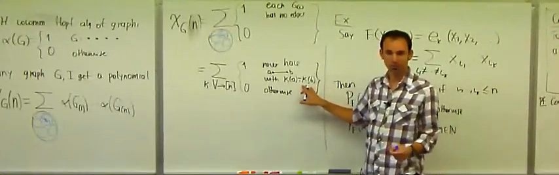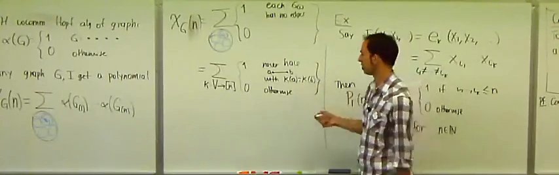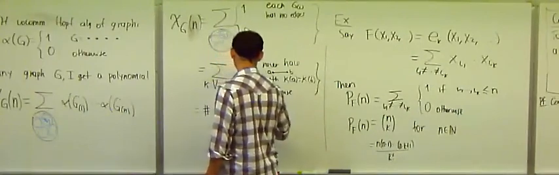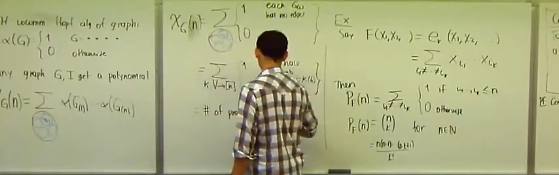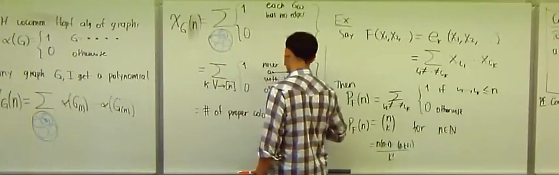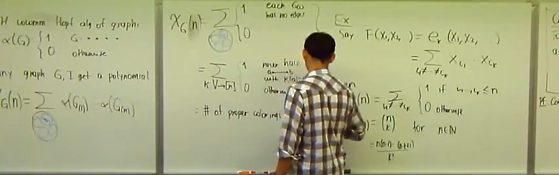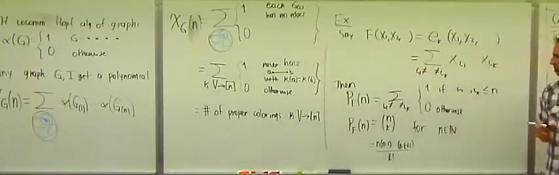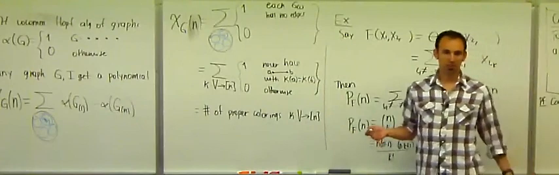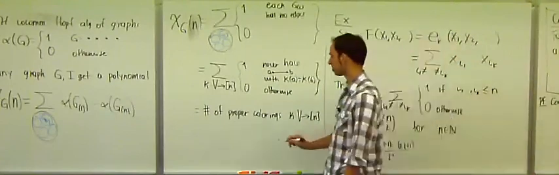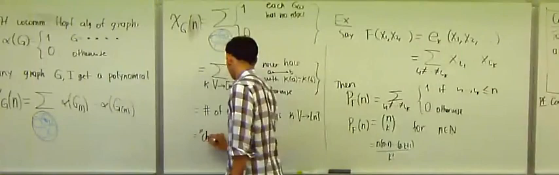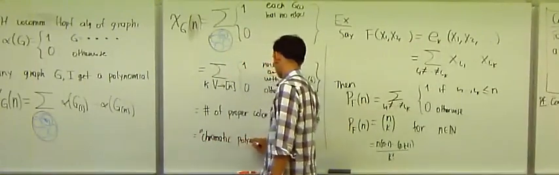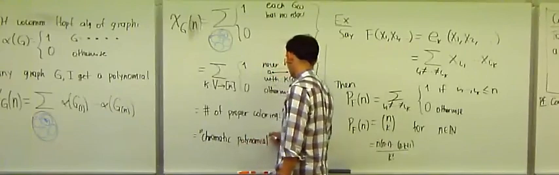You color the vertices so that no two adjacent vertices have the same color. And so this is precisely the number of proper colorings of the vertex set. Okay? And this is precisely what's called the chromatic polynomial.